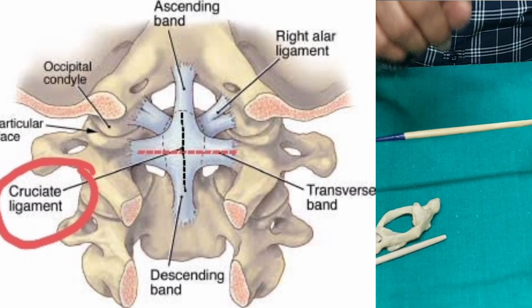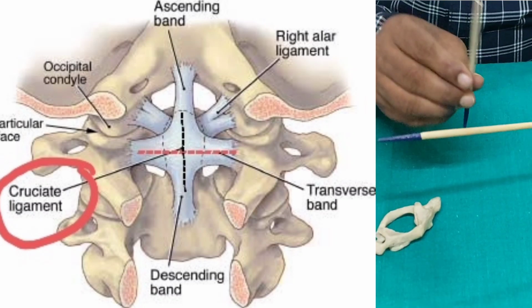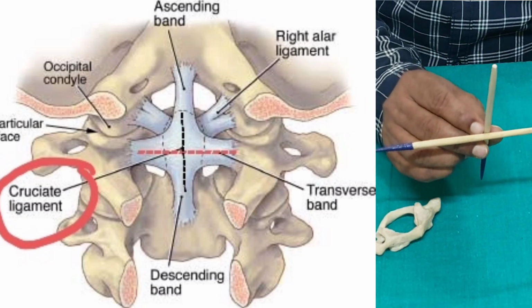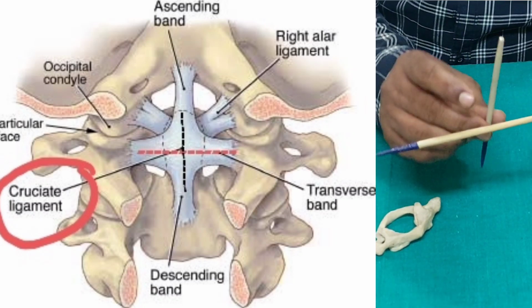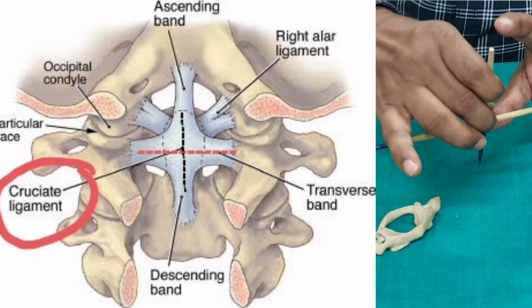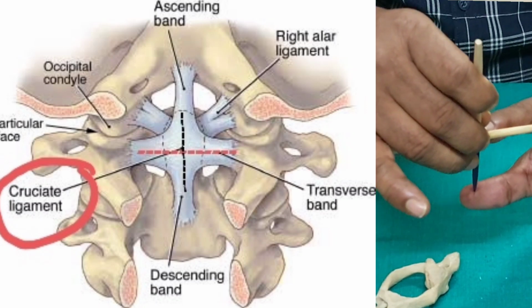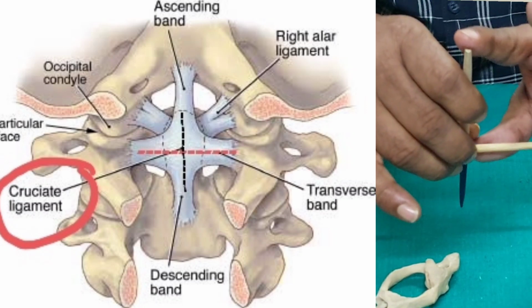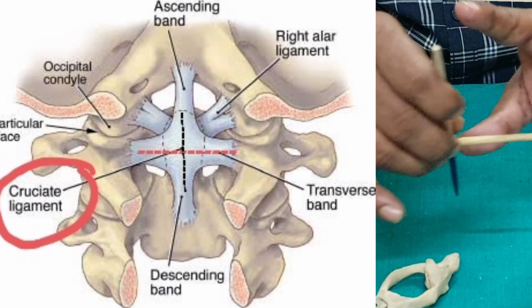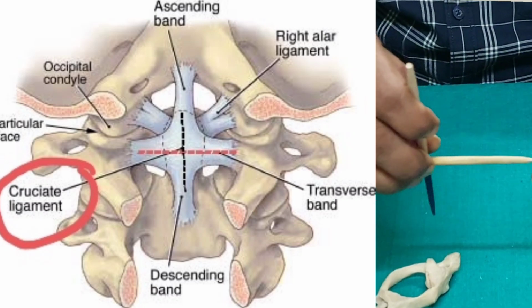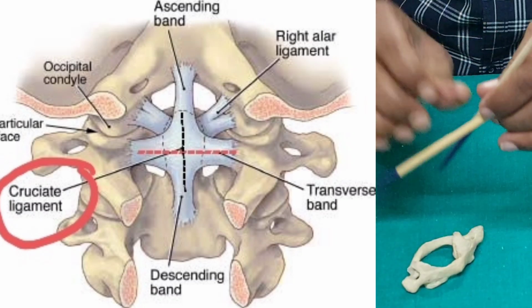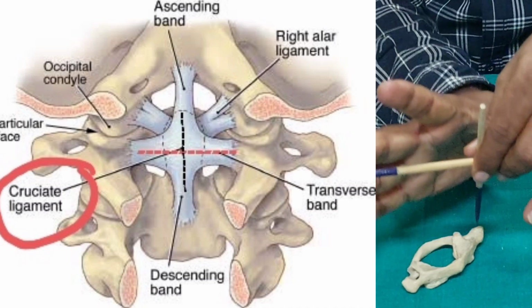And the other 2, one is the upper crus and one is the lower crus. The upper crus is called the superior crus, this is called the inferior crus. So the upper band or superior crus and lower band or inferior crus, along with the transverse ligament of the atlas, form the cruciate ligament.